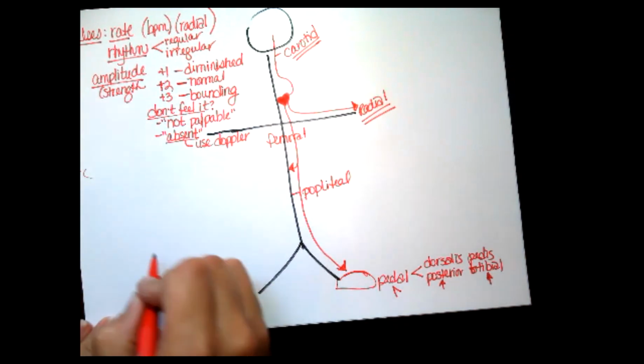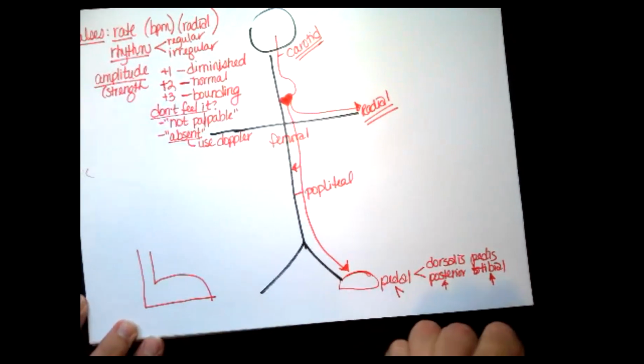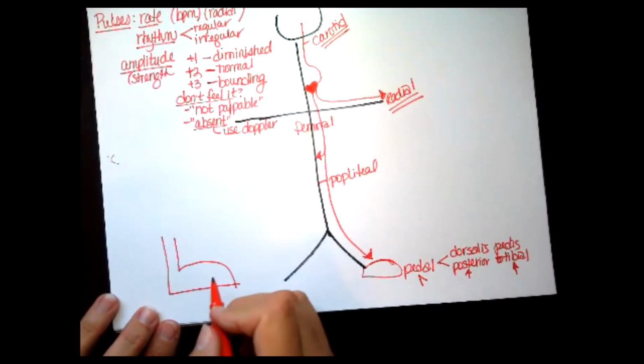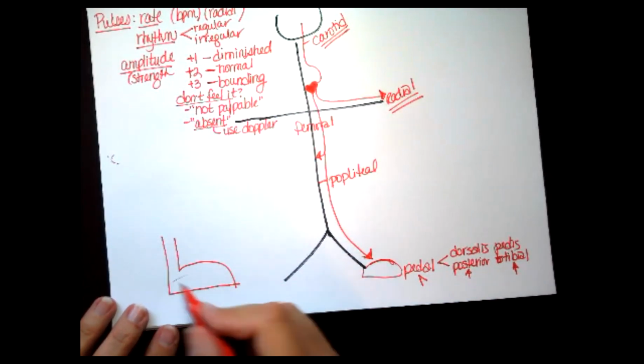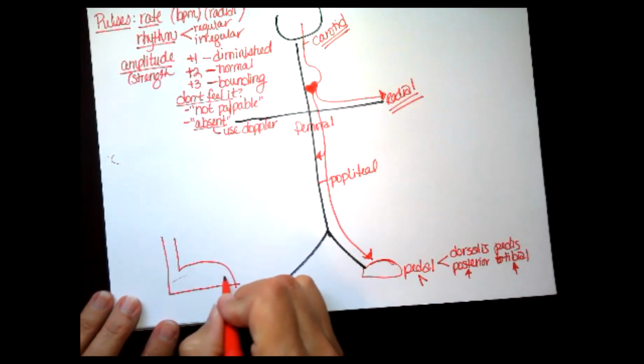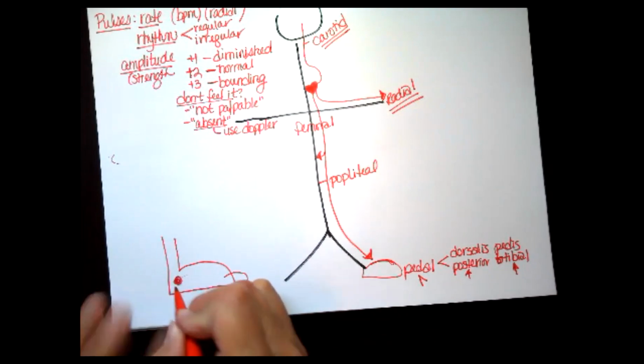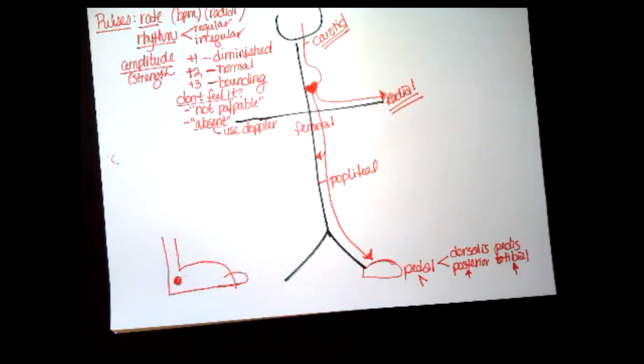If I'm looking at the side of the foot, and that's a bad example of a foot, it looks more like a shoe. But if this is the inner aspect, the big toe side, there's going to be a bone back here. Feel down your leg and find that big bone sticking out on the inside of your ankle.